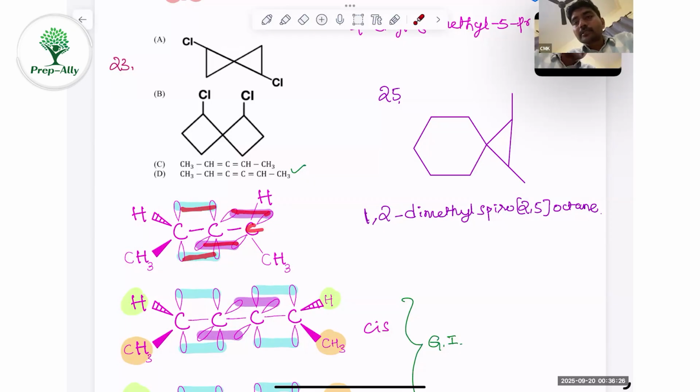The third carbon, if you take it, arranges such that, since this is sp2 hybridization, it is like 120 degrees. Here hydrogen, here the methyl group; I have only shown hydrogen, this is the methyl group.